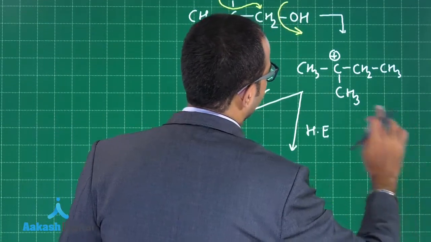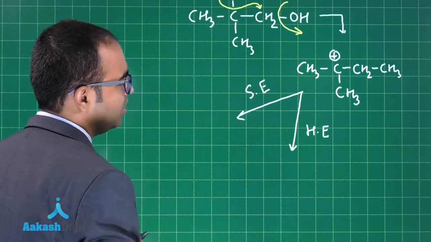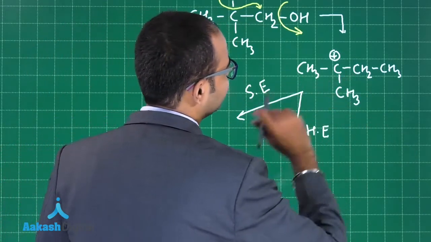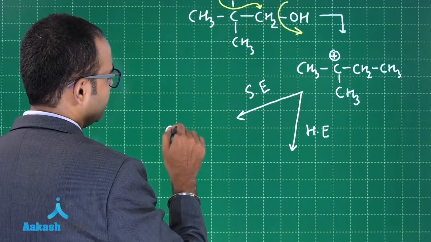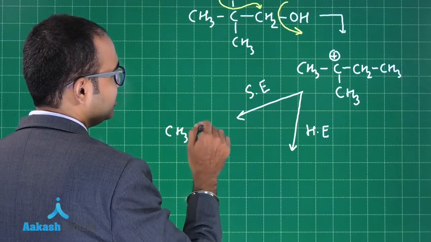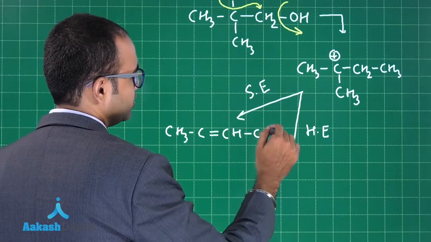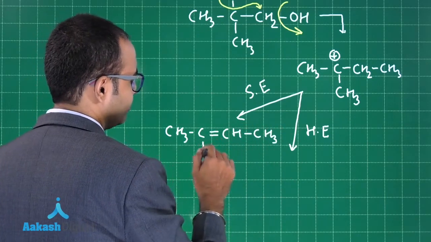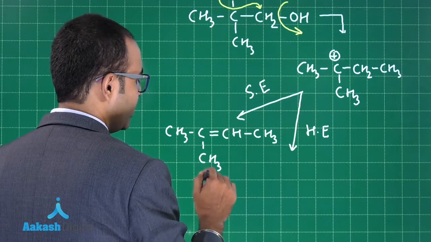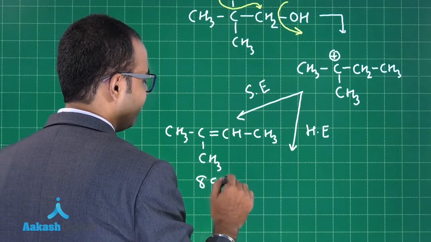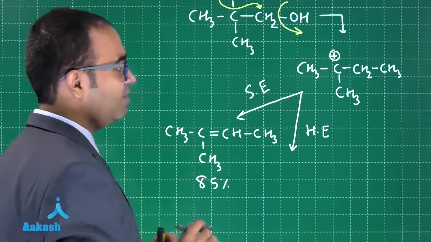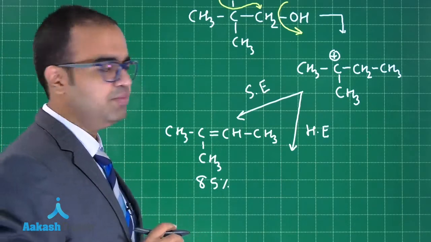So what will I get? According to Saytzeff's rule, I will remove hydrogen from CH2. So this will give you CH3C double bond CHCH3. This will be the major product, which will be 85%, because this reaction will follow Saytzeff's elimination.